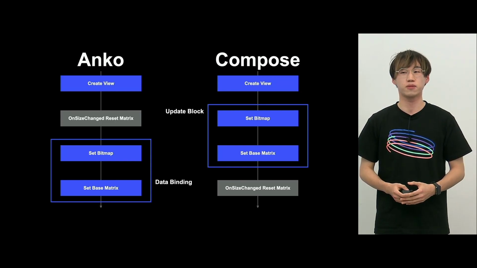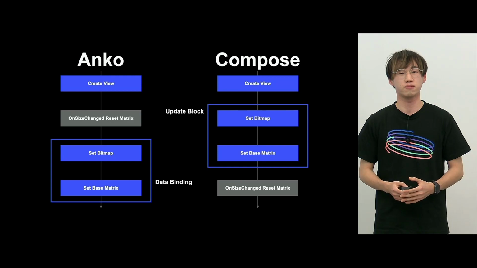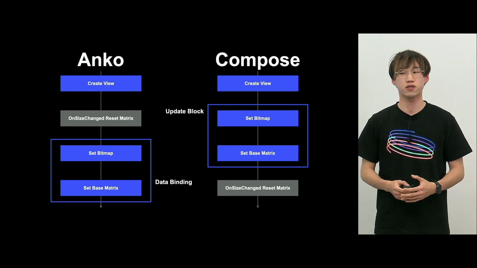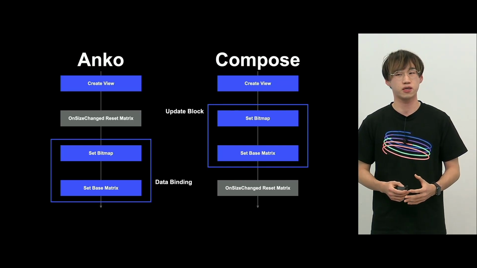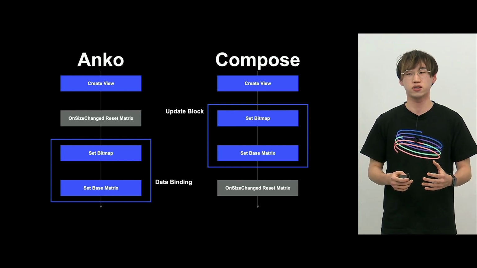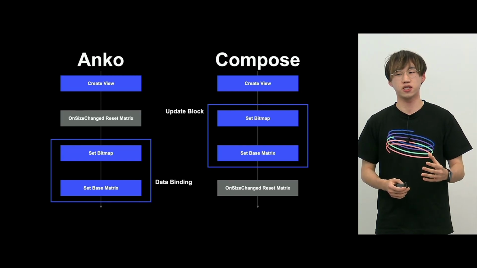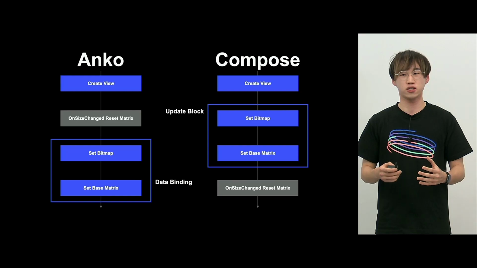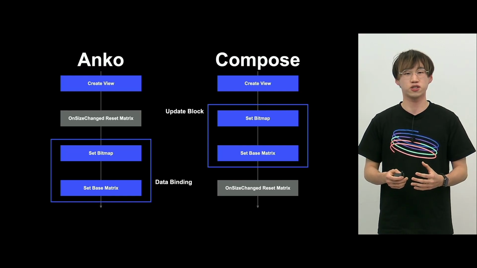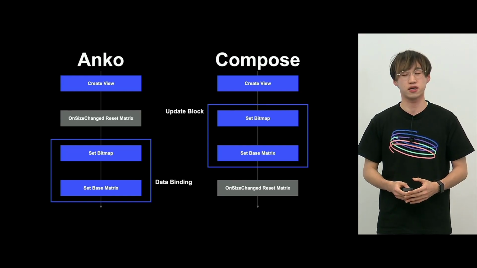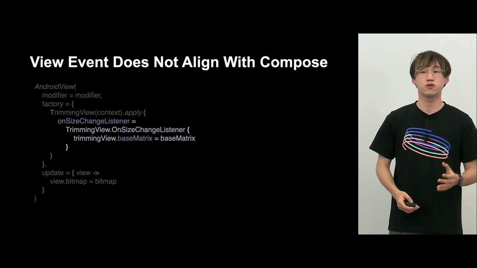Because Compose is a declarative UI. If data is already available before the view is drawn, then binding is performed as is. Therefore, the base matrix was already set before the onSizeChanged event, and then onSizeChanged reset the base matrix, which caused the image to be misaligned.